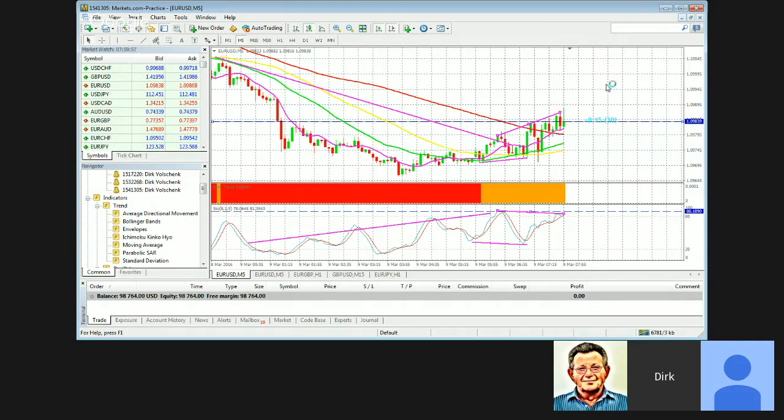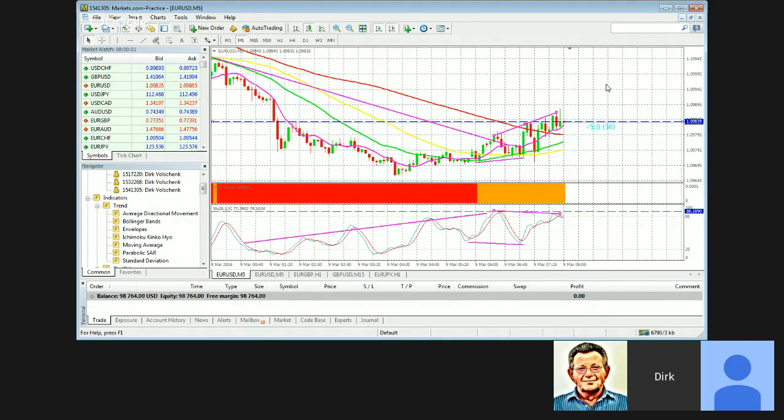Five, four, three, two, one. Getting the cross on the five as well, which is good. Also, I'm seeing that it is breaking the eight moving average finally now. Look how it's getting us into a better position on the chart.